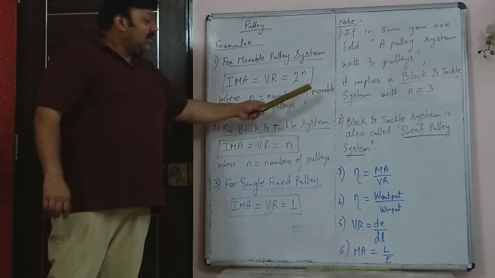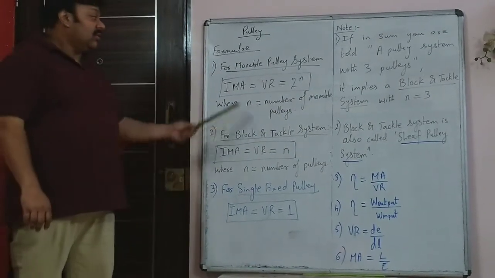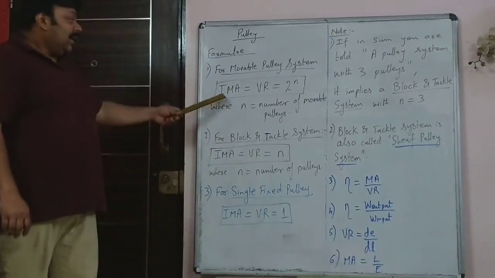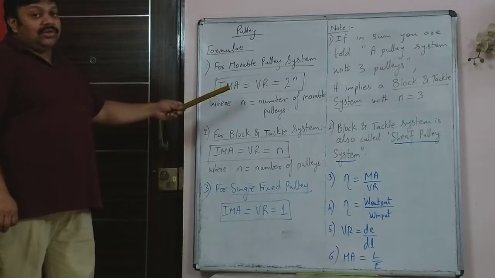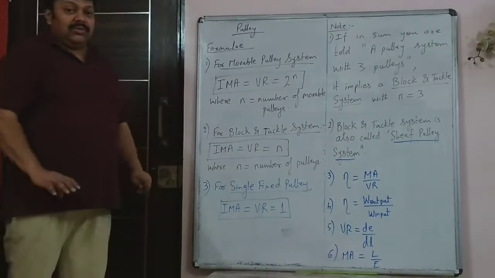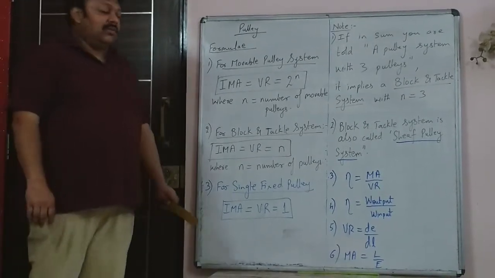So you have to be careful, and the question has to mention that it is a movable pulley system. Only then you will use this formula 2 raised to n. And I have written the word IMA because this is only if the efficiency is 1 or 100%. That means there is no mention of any friction or anything in the sum.